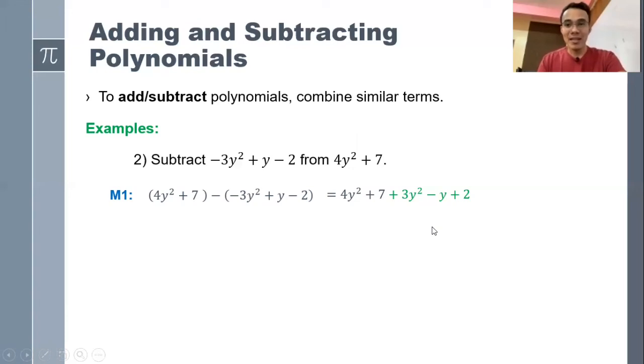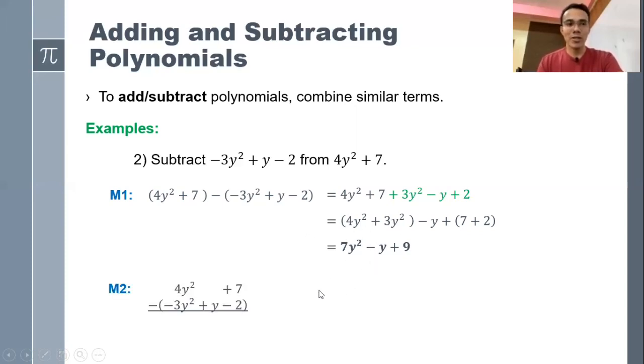After this step, we can now group similar terms together. So we can group 4y squared and 3y squared together. We can group 7 and 2 together, and we have here negative y. 4y squared plus 3y squared will give you 7y squared. Just bring down negative y. 7 plus 2 is 9. This is our final answer.